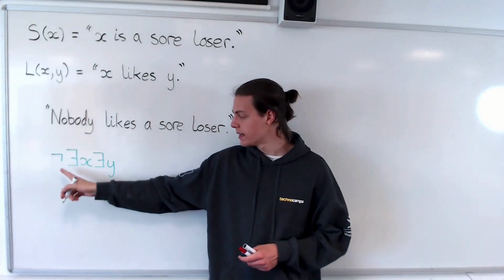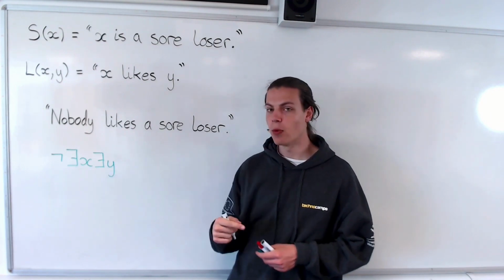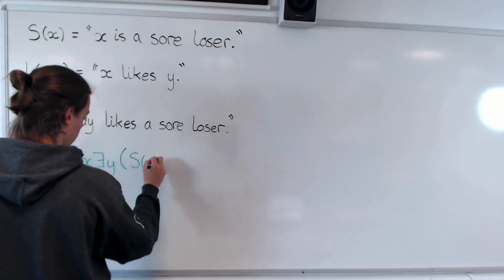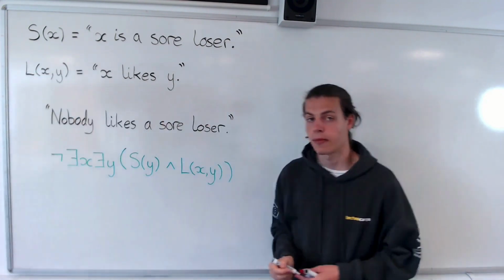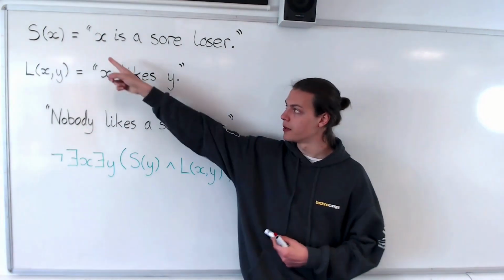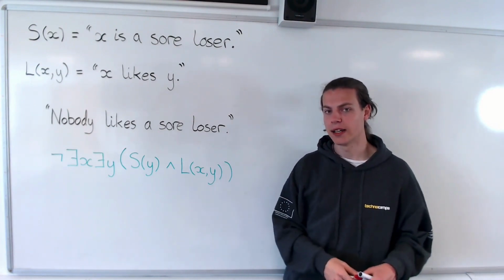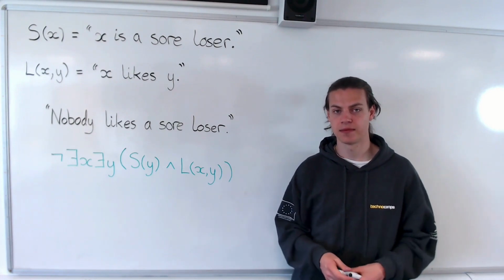So it is not the case that there exists a person x and a person y such that y is a sore loser and x likes y. And there is our statement in predicate logic.